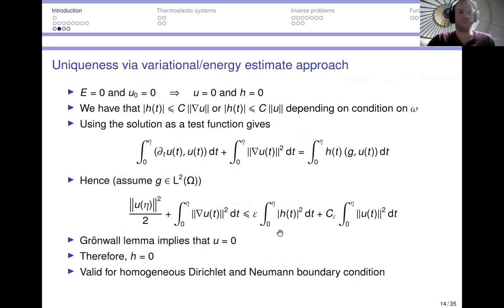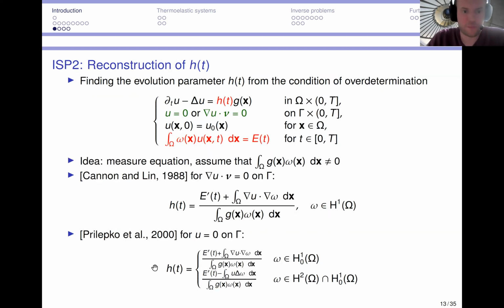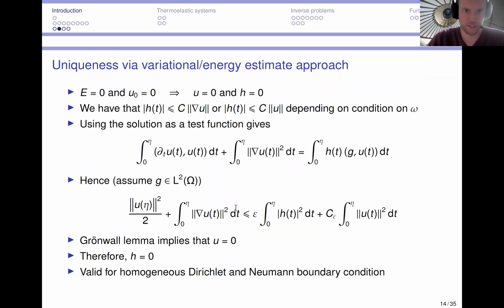You can show the uniqueness by using the energy estimate approach. So what you can do is take the absolute value of H of t, and depending on the situation, this will be estimated by the L2 norm of U or the L2 norm of the gradient of U. So the measurement is 0 in the proof of uniqueness.